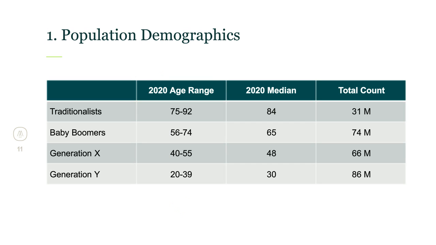So let's dive into the first one, population demographics. Here are just the basics. We could add Generation Z here, but these are 4 of the 5 major generational categories, and you can see age ranges, median age in this year, and total count.